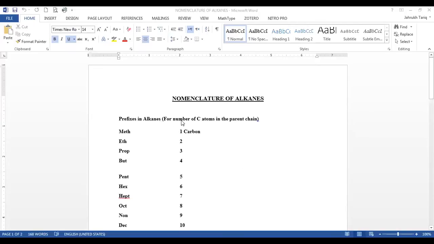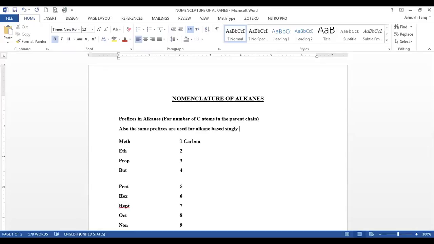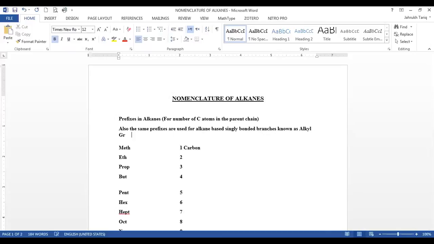Okay, remember the prefixes for alkanes were this. This is for alkanes for the parent chain. Also, the same prefixes are used for alkane-based singly bonded branches known as alkyl groups.